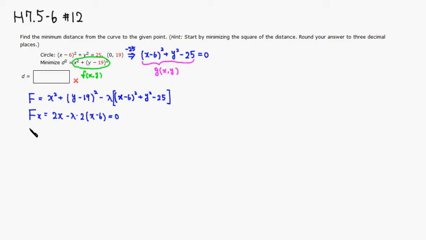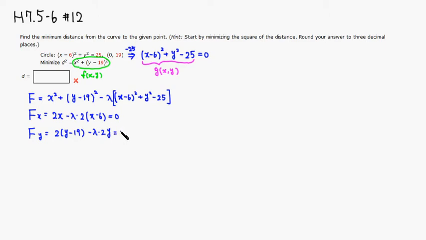Let's take the partial with respect to y. The partial of that with respect to y is 0, and here you have 2 times quantity y minus 19. Again, negative lambda is just a constant, and the partial of this is 0. The partial of that is 2y. The partial of negative 25 is 0 since it's a constant.